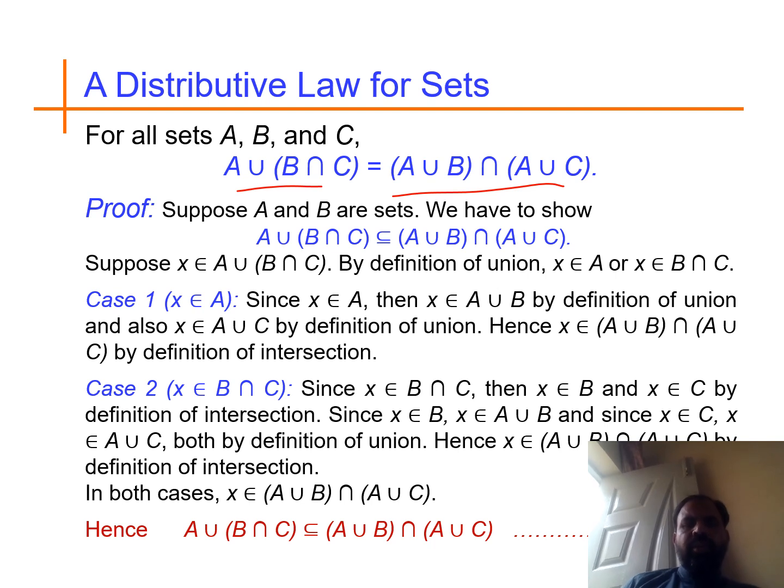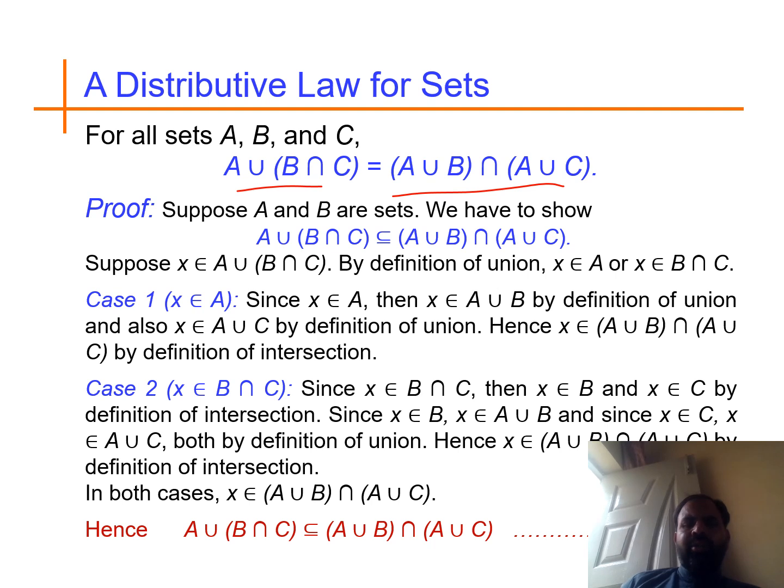Let's suppose X belongs to A union (B intersection C). Then by definition of union, X belongs to A or X belongs to B intersection C.